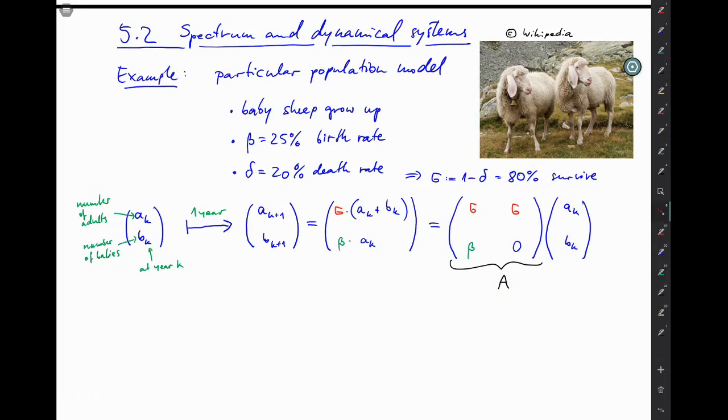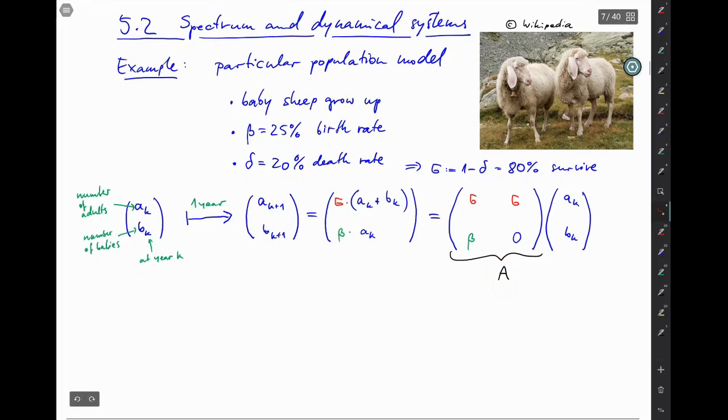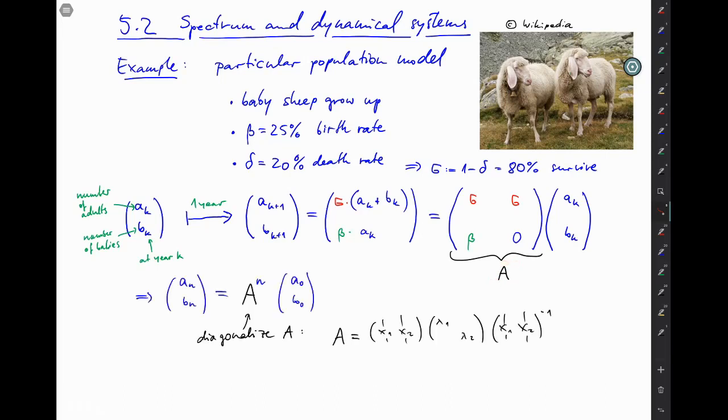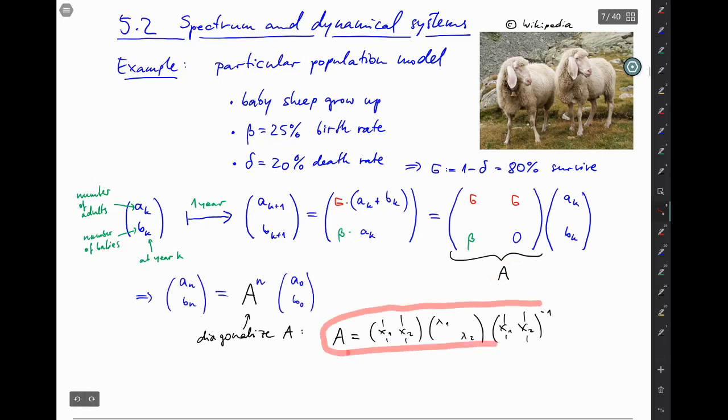And instead of waiting 10, 20, or 100 years, you just multiply 10, 20, or 100 times by that matrix A. And in your linear algebra course, you have learned that powers of A are best computed via a diagonalization of A. Okay, and hoping that your matrix A is diagonalizable, you write it as a product of a matrix that carries your eigenvectors, and then comes a diagonal matrix with your eigenvalues, and then the inverse of that first matrix again.